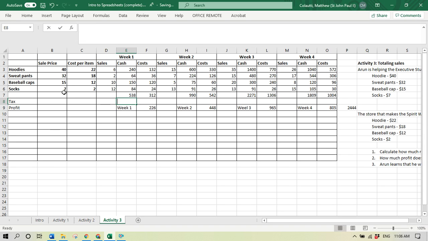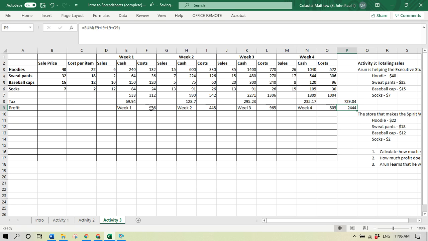He has to take whatever cash he has and multiply it by 13%. That's how much tax he has to pay to the office every week. So if I add that all up, there's his total tax.